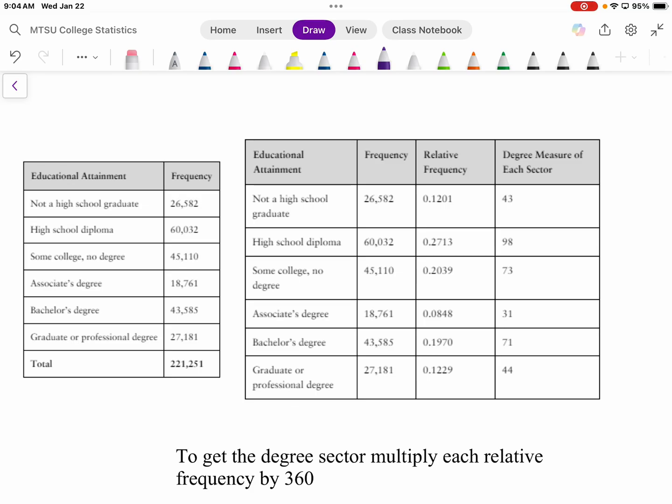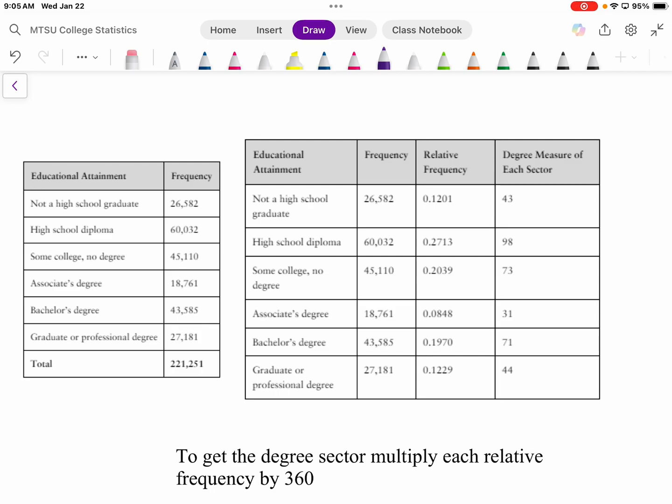When we go to draw the pie chart, we actually need to take each of the relative frequencies and multiply it by 360 to figure out what portion of a circle it gets. And that's what we base how big of a slice of the pie each of those categories gets.